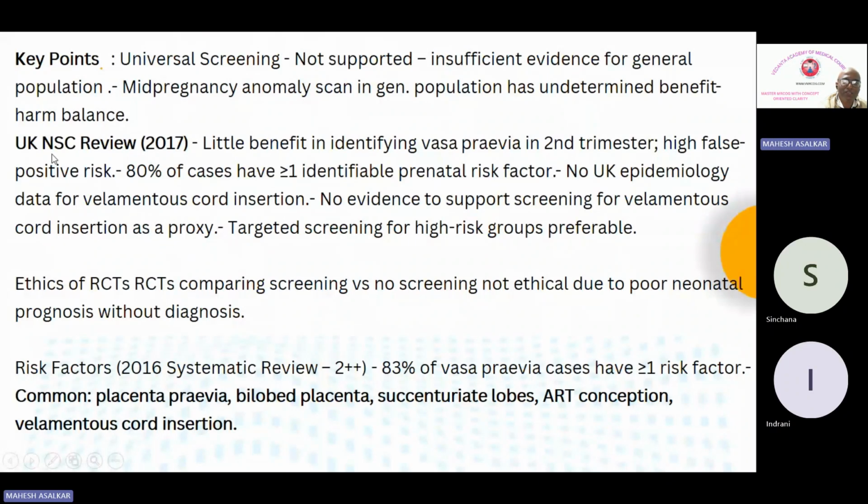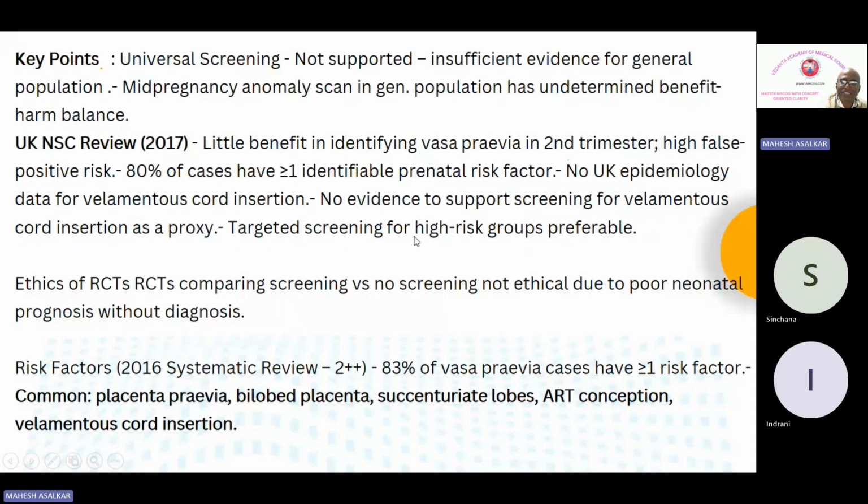What does the UK NSC review say? That is the National Screening Committee. The UK National Screening Committee says there is little benefit in identifying vasa previa in the second trimester, with a high false positive rate, and around 80% of cases will have more than one identifiable prenatal risk factor. There is no UK epidemiology data for filamentous cord insertion, and no evidence to support screening for filamentous cord insertion as a proxy.